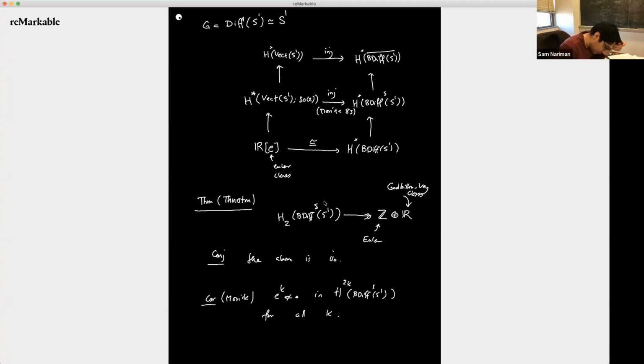Okay, and there is a Van Est type isomorphism for Diff of S1. So this relative algebraic cohomology is in fact isomorphic to smooth or continuous cohomology of Diff of S1.